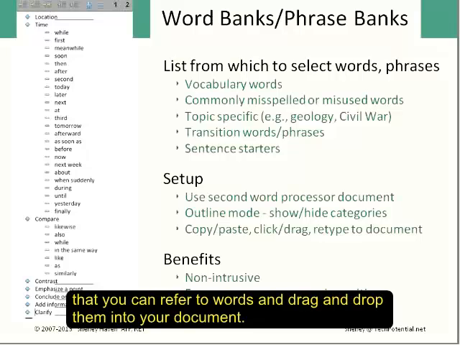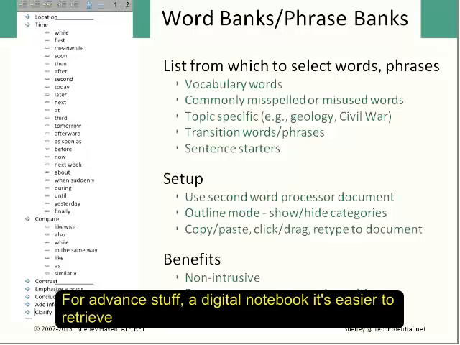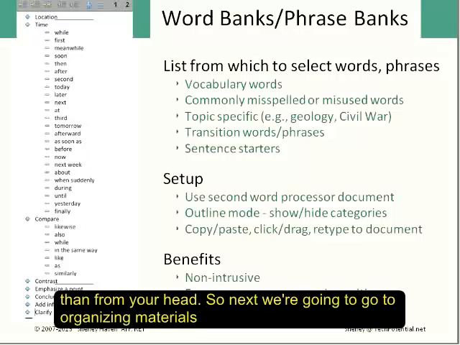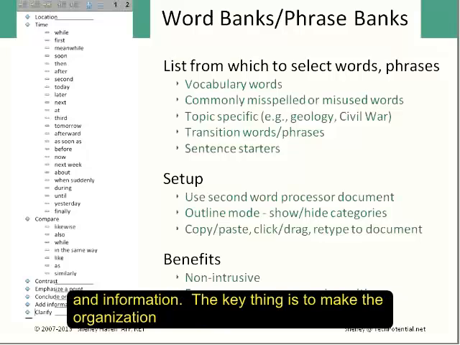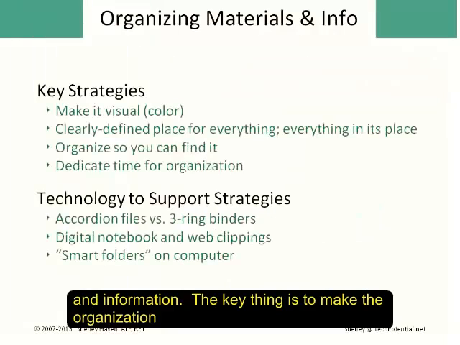So it's just a standard word list that you can refer to, and for that matter even drag and drop words into your document. For more advanced stuff, you may want to use a digital notebook to retrieve anything from math formulas to examples of what a persuasive essay looks like, stuff like that. It's a lot easier than trying to retrieve that from your head.